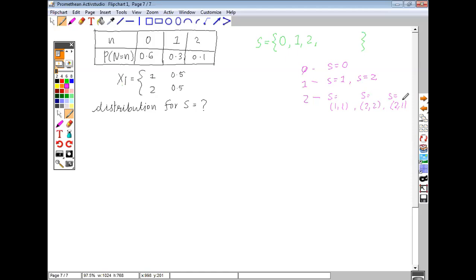It shouldn't take this much time to answer. 2, 4, and 3. Yes, exactly. So this will be 2, this will be 4, and this will be 3. So if I have to write the rest of the numbers for the values of my S, that would be 3 and 4. These are all the values that my S can take, and this is just the distribution for it.